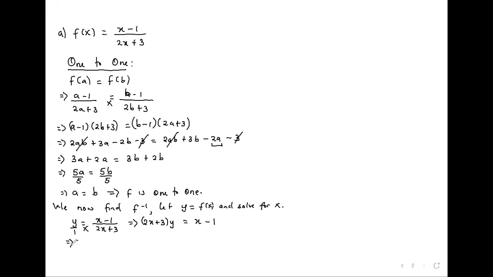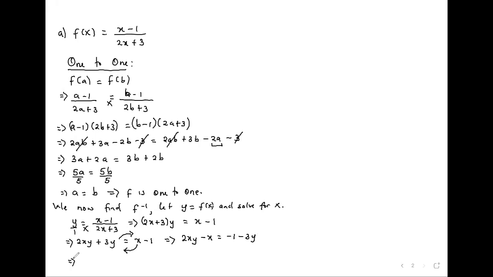We expand, we have 2xy plus 3y is equal to x minus 1, which implies that since we are solving for x, we can take this x to the other side and the 3y to the other side. So we have 2xy minus x is equal to negative 1 minus 3y.